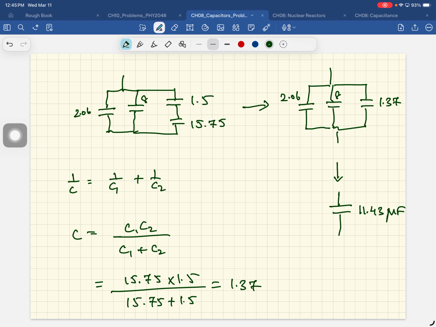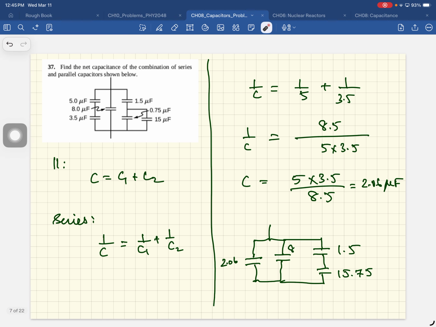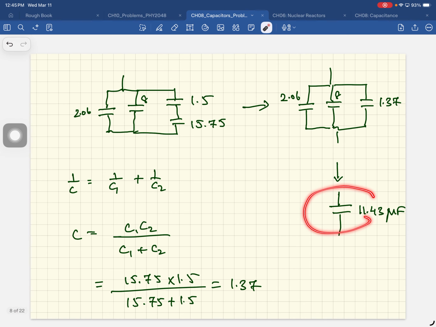Okay, so that's the single capacitance that mesh is equivalent to. This capacitor is equivalent to 11.43 microfarads.